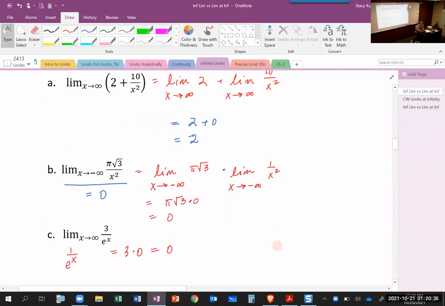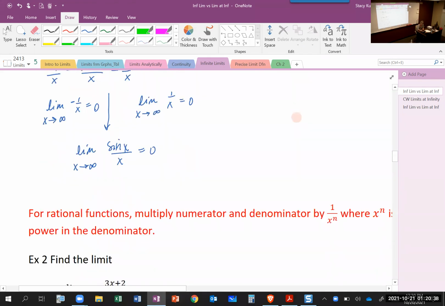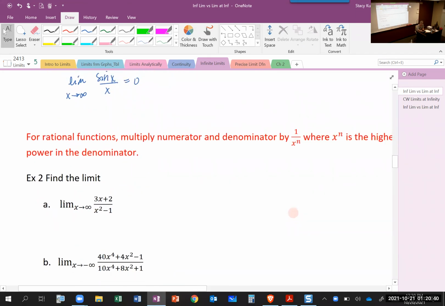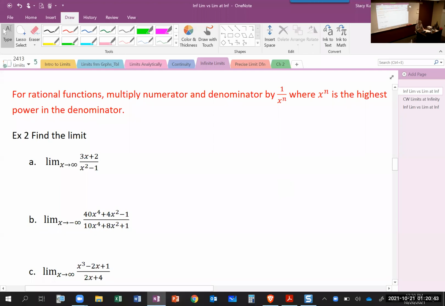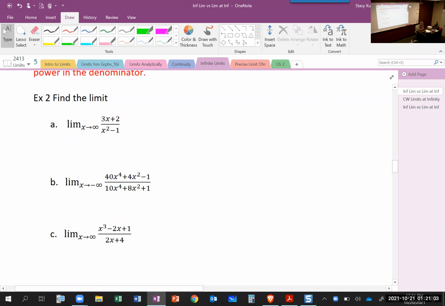So we have this idea that we're taking the limit as x grows unbounded. Sometimes it's not very easy to figure those values out. Polynomials are easy to do, but rationals become a little bit more involved. The way that we handle this is we are going to multiply the numerator and the denominator by 1 over the highest power of the denominator.